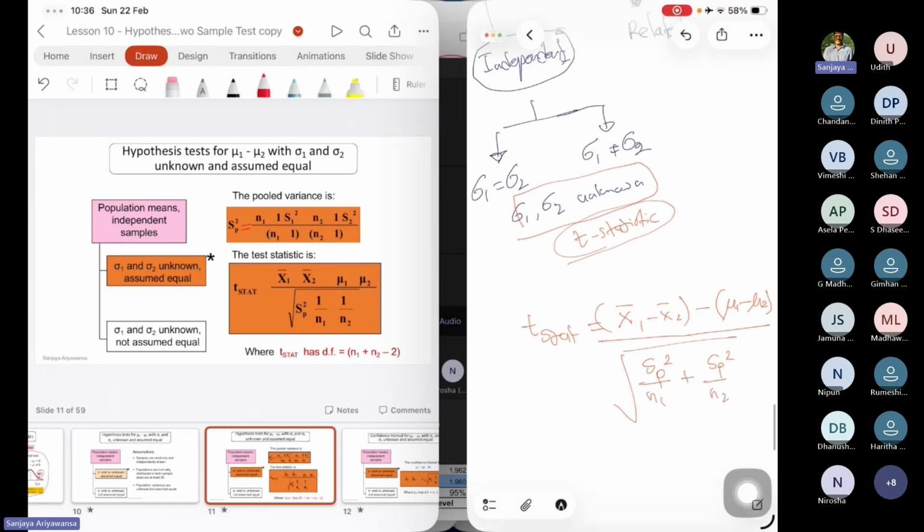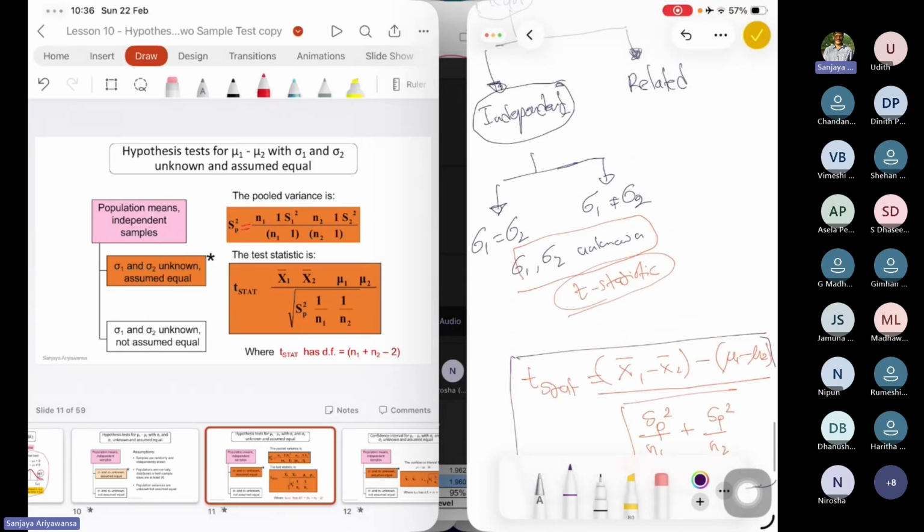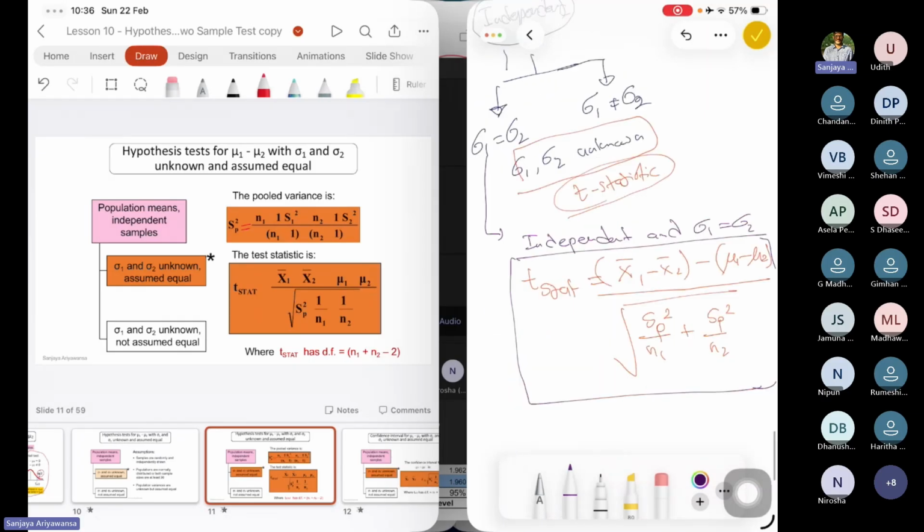This is the test statistic that we are going to use when the samples are independent and sigma 1 equals sigma 2. In that particular case, this is the t-test statistic.